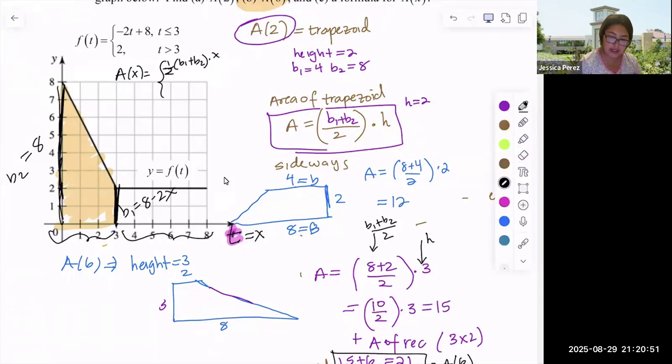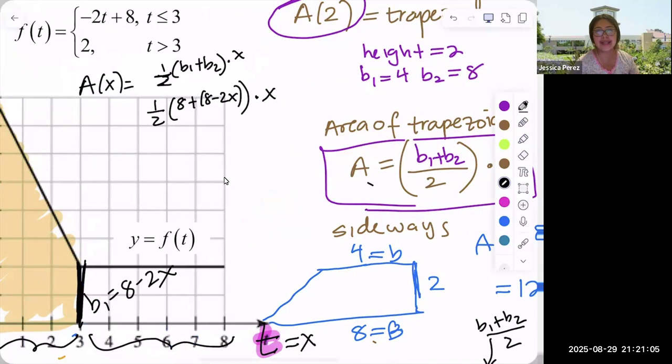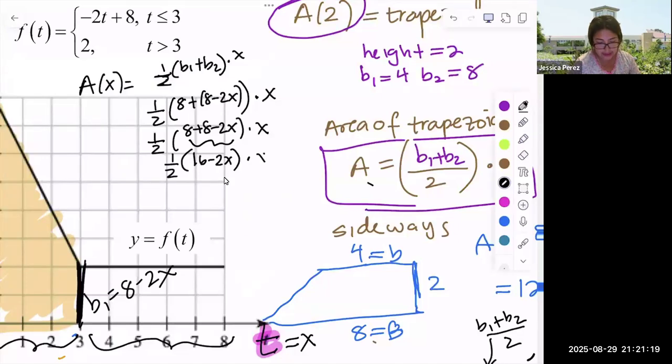So if I plug it in, I have 1/2 times, so base 1 is 8 plus 8 minus 2x times x, where x is the height. Now, if I combine, the inside is 16 minus 2x times 1/2 times x.